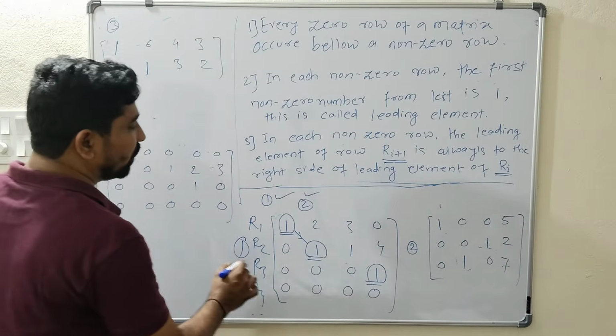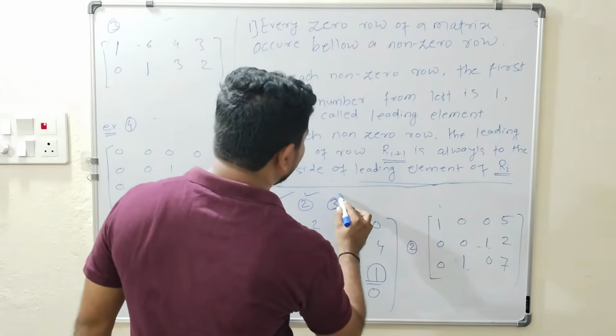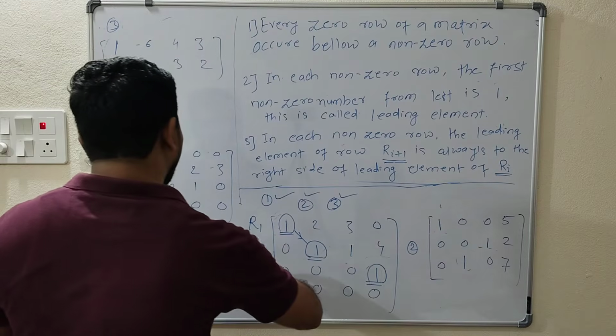So example 1 satisfies all three properties, so this is in the echelon form.